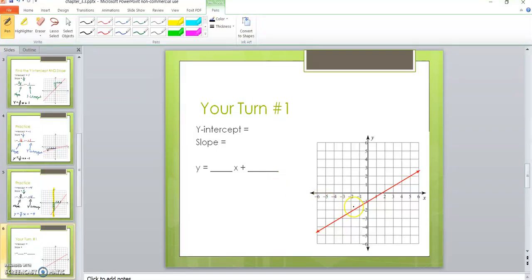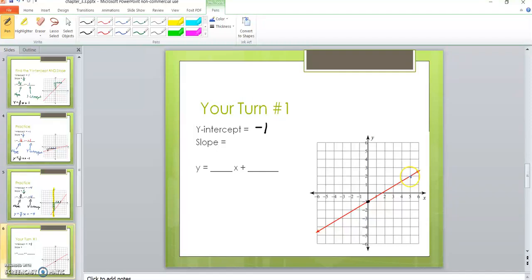Okay, here we have the y-intercept. We need to figure out where it crosses the y-axis. It crosses it right here at minus 1. Now we're going to figure out our two dots.